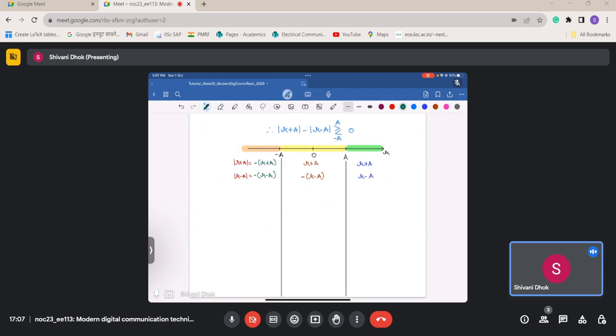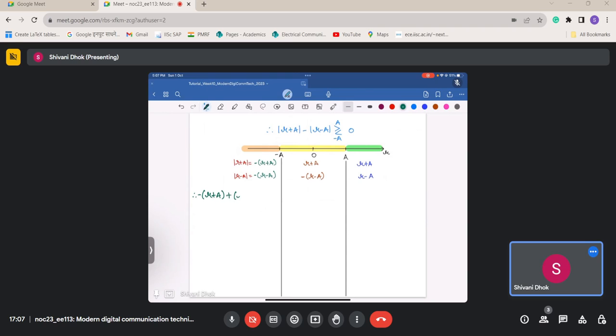So for this first region, I'll have to replace this quantity by minus of r plus a, and this quantity as minus of r minus a. So this comes out to be minus of r plus a, minus of r minus a. So minus minus becomes plus.